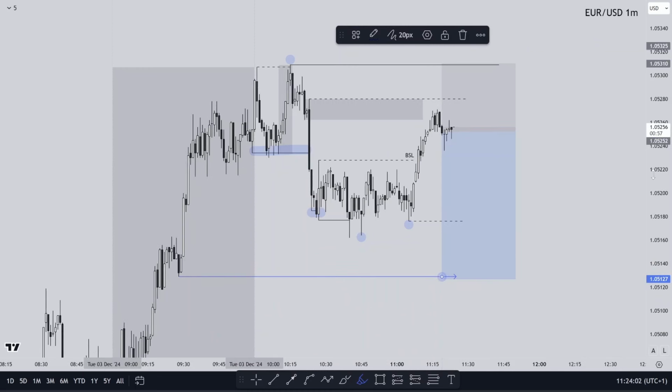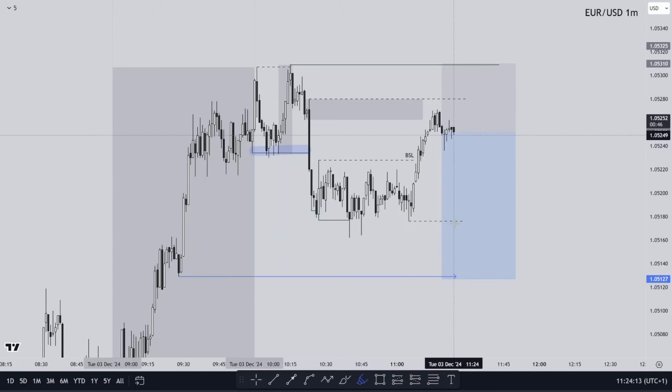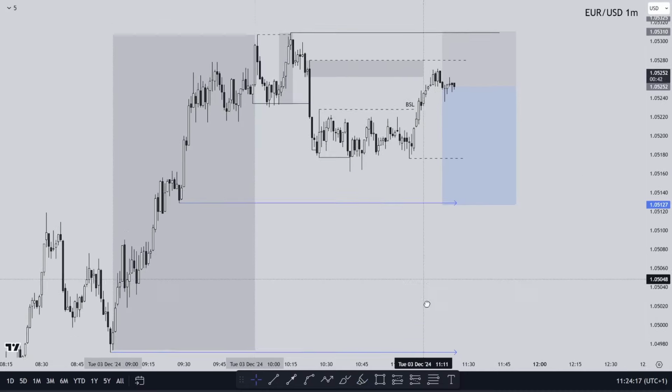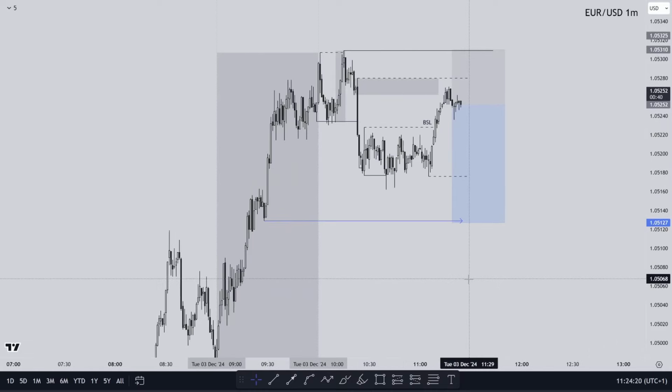now the sellers came in. Liquidity is taken out also from the buy side, so this is the first level where I can imagine the price to, I mean, lose power, okay?